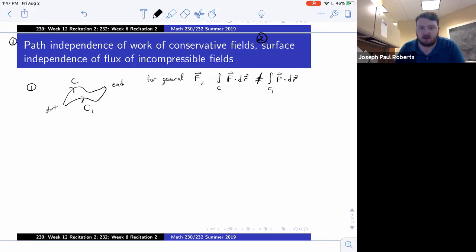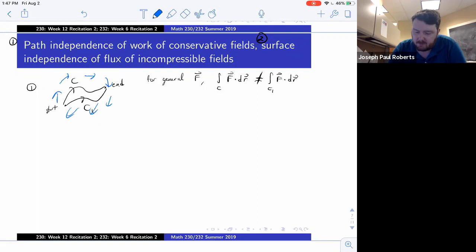So for general F, the work done, so remember F is just a bunch of arrows. It looks like the work on C is positive, F dot dr, but then on C1 would be negative.